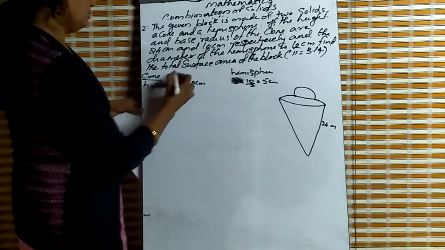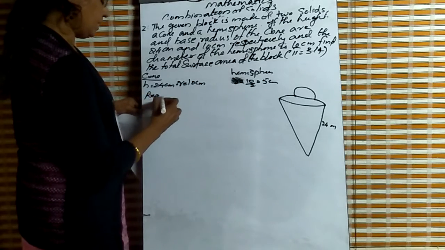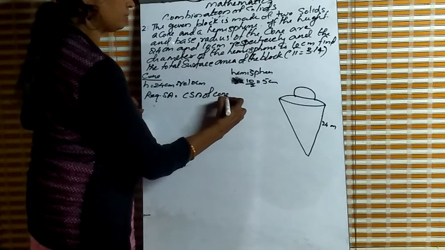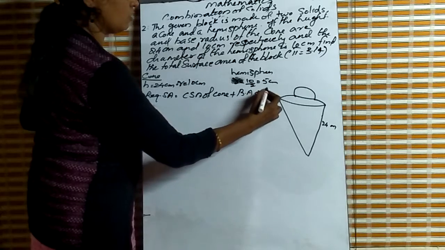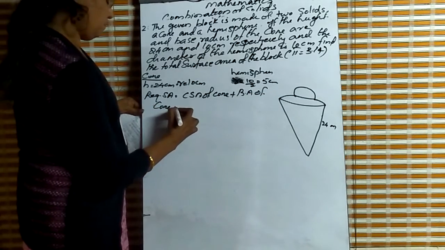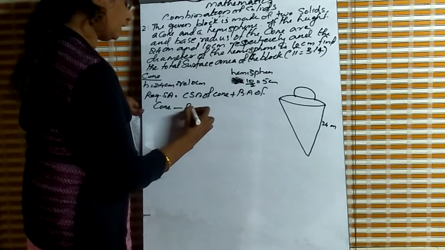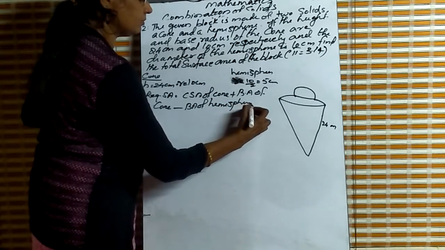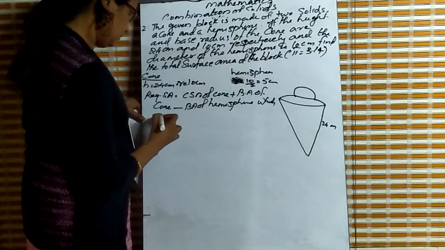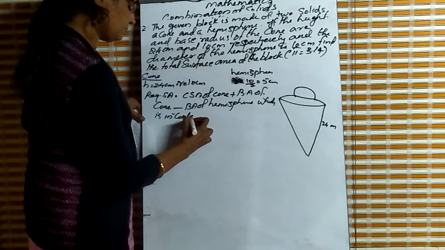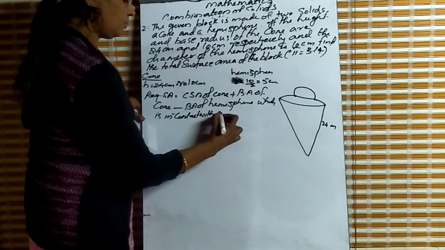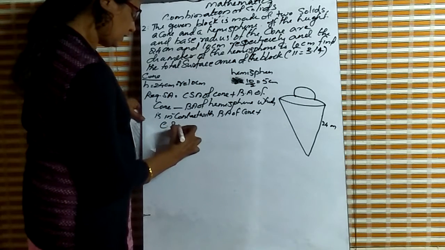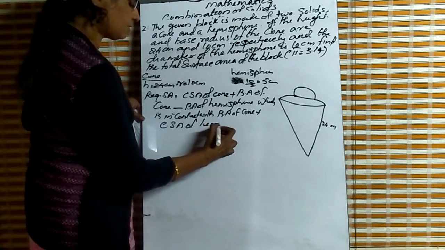So the required surface area is equal to CSA of cone plus base area of cone minus base area of hemisphere, which is in contact with base area of cone, plus CSA of hemisphere.